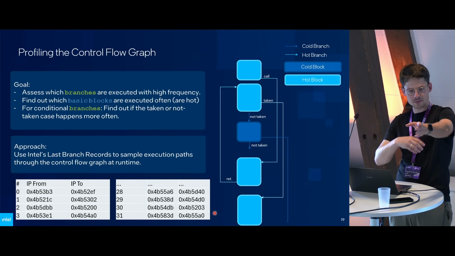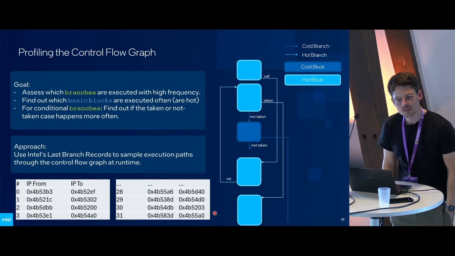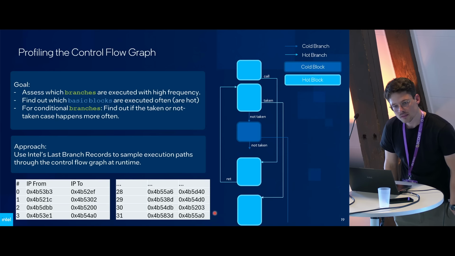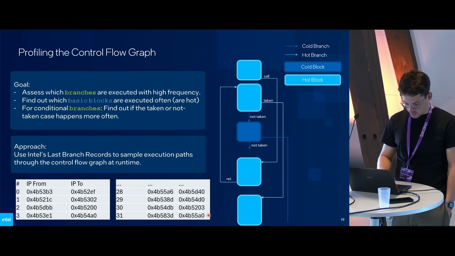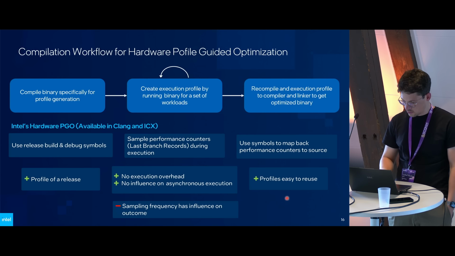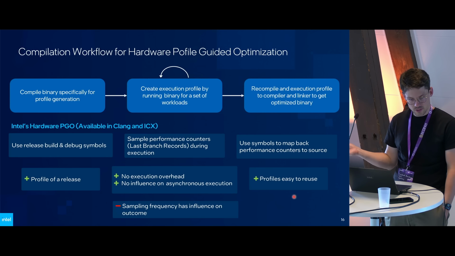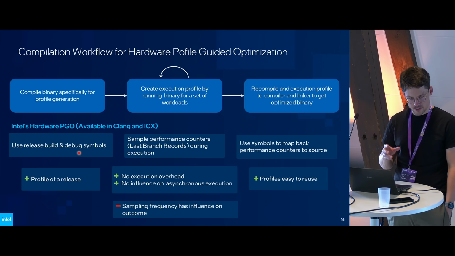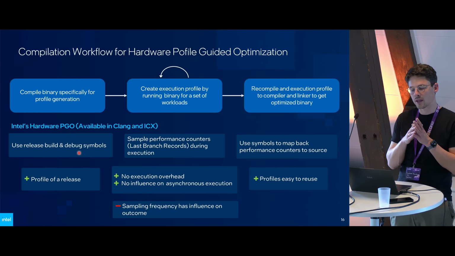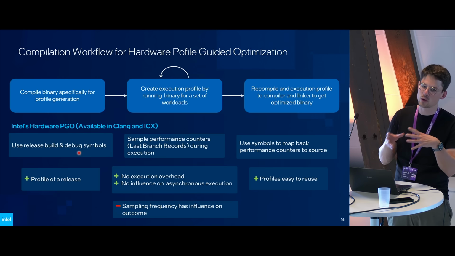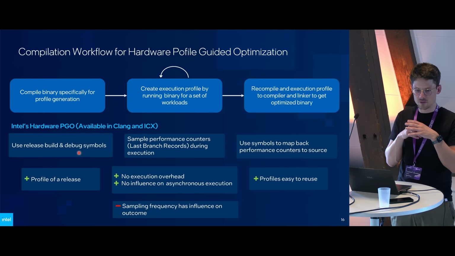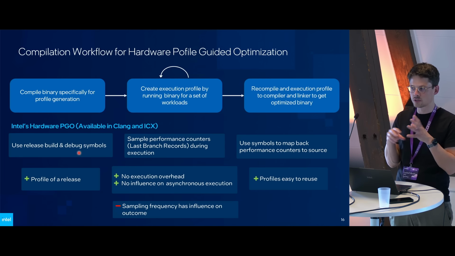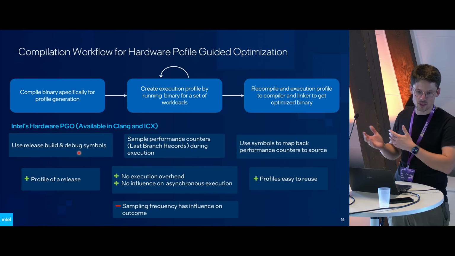When the code changes, do you have to rerun the profiling again and again? So this is one of the advantages here. You can reuse the HWPGO profiles because you have this mapping mechanism with debug symbols. The more your code changes, the worse your performance gets. So if you have major rewrites of functions, it's better to redo the profile.